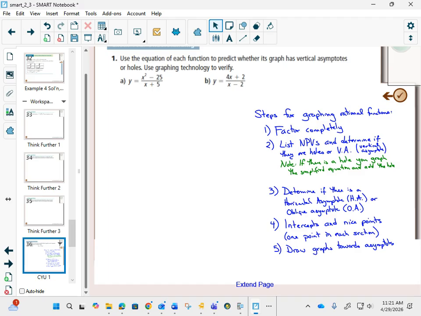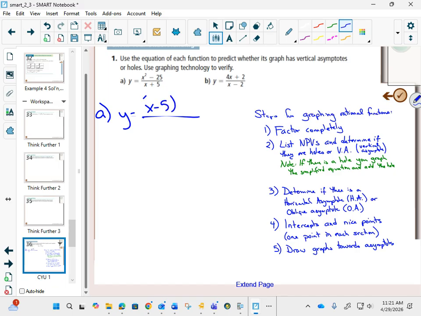You're always going to start by factoring completely. So in question A, I can factor the top: (x minus 5)(x plus 5) over x plus 5. List your non-permissible values. I'm dividing by x plus 5, so x absolutely cannot equal negative 5.